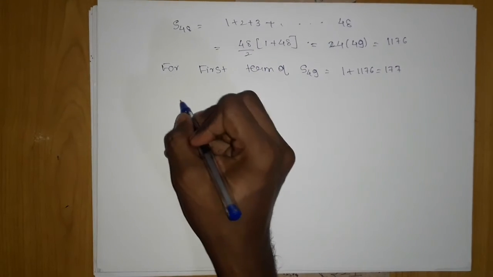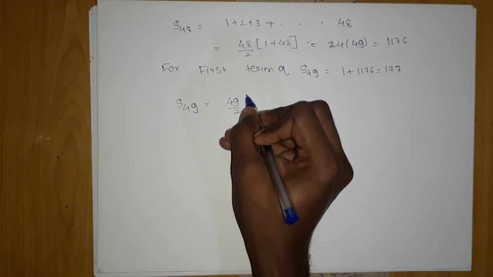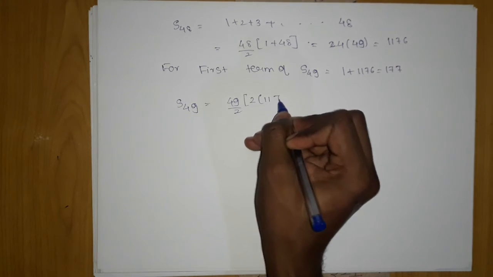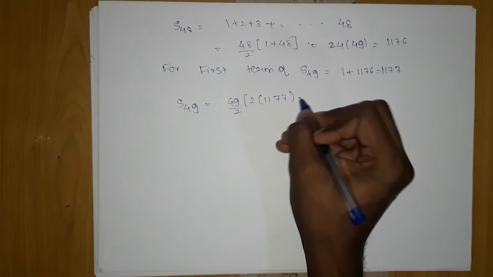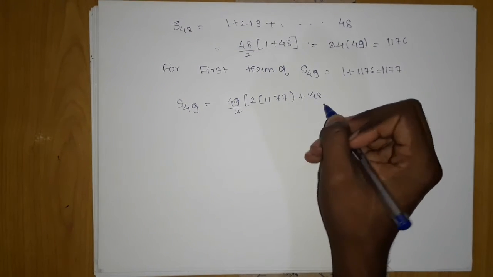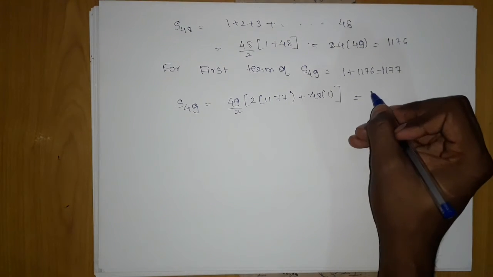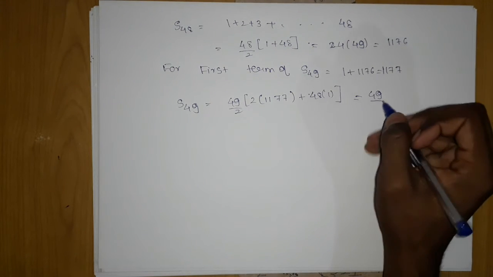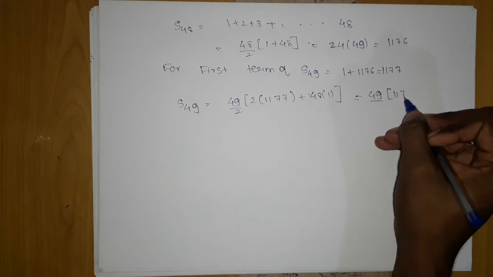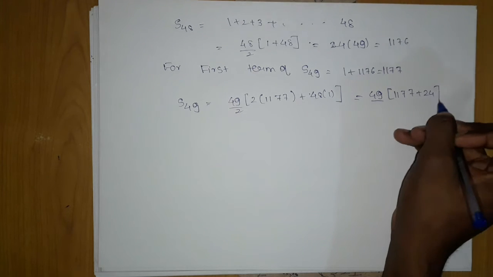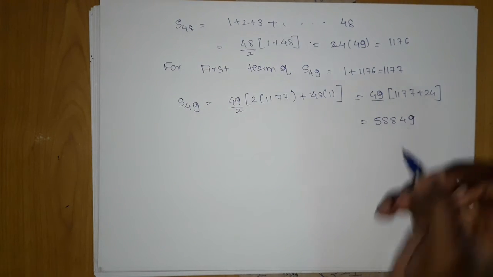Now we want to find S49. S49 is 49 by 2 into 2 into 1177 plus 48 into d, which is 1. If we solve this, we have 49 times 1177 plus 24, and if we add, we get 58849.